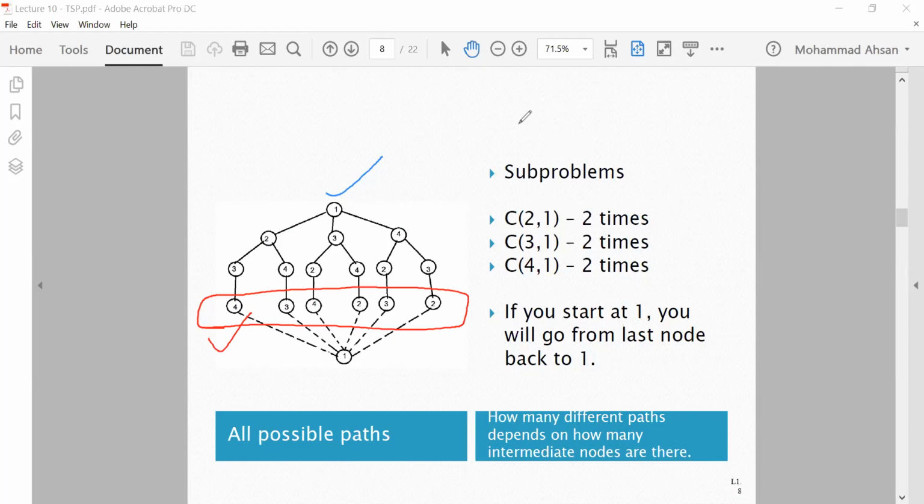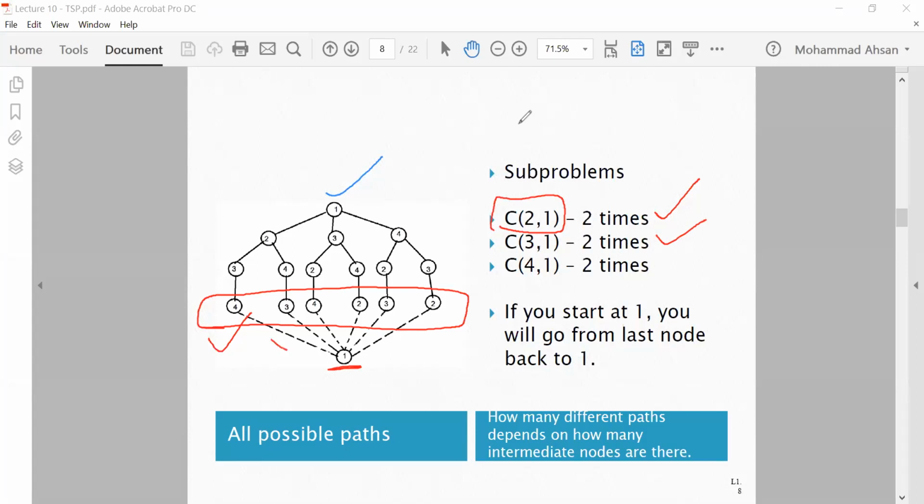So what I've written here on the right-hand side, the cost of going from city 2 to 1, you see that 2 times. The cost of going from city 3 to 1, this one here, you see that 2 times. So this is a subproblem which is repeated at a lower level. If I already know the cost of going back from city 2 to 1, I can put that cost here.